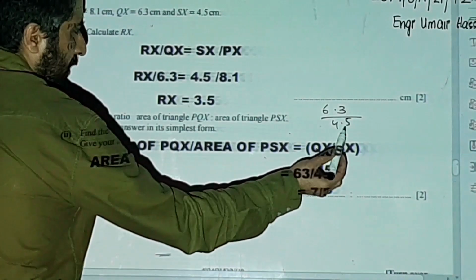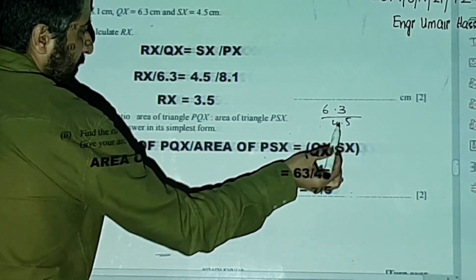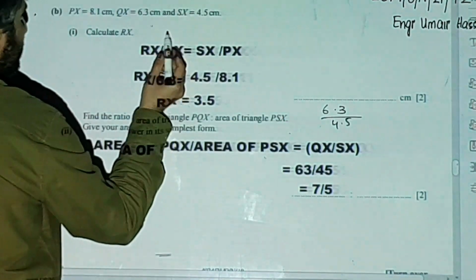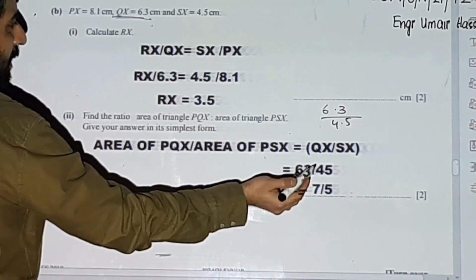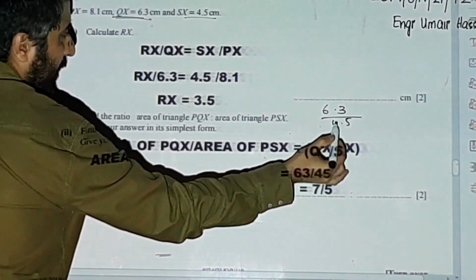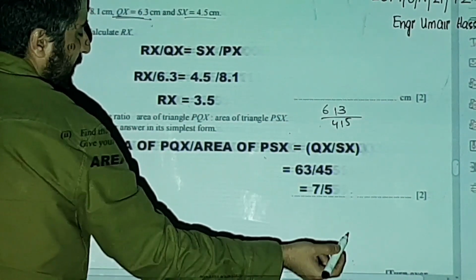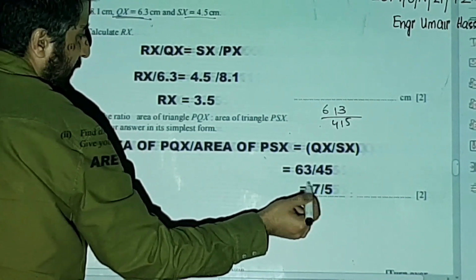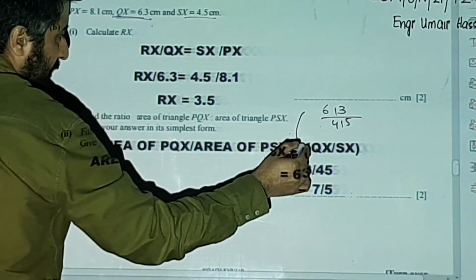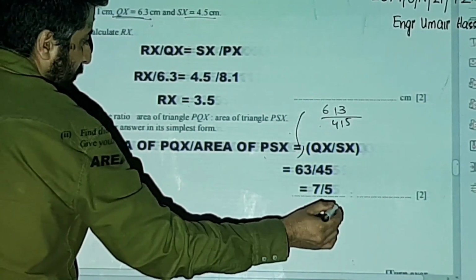I just want to make one thing clear over here, that 6.3 is the value of QX given in the previous part. Now we can cancel this decimal, as we have one digit after the decimal in numerator as well as denominator. So 63/45 will be the answer for this one, and simplification will be 7:5.